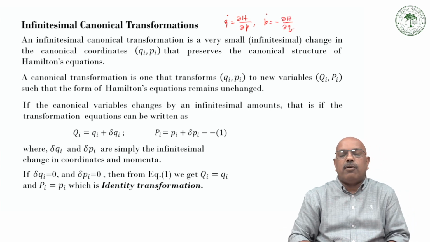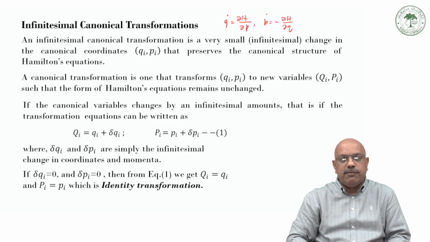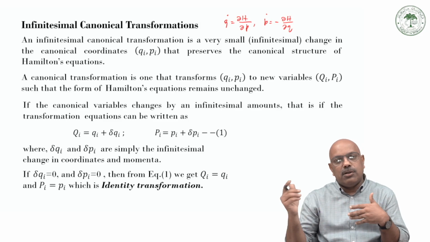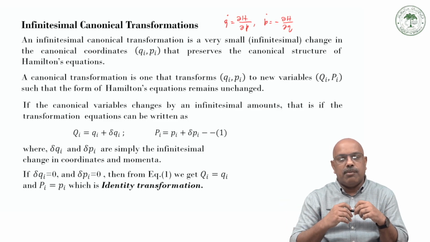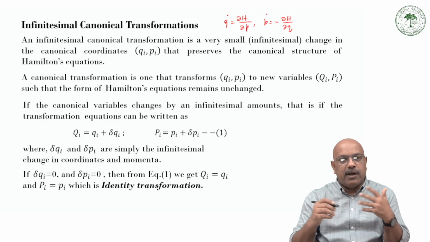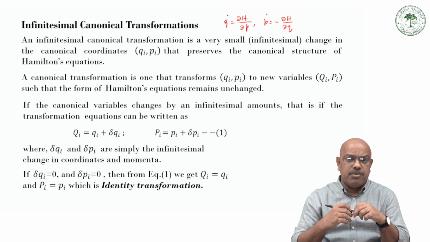If we go from small q dot to capital Q dot and capital P dot, the form of the modified Hamilton principle must be preserved.